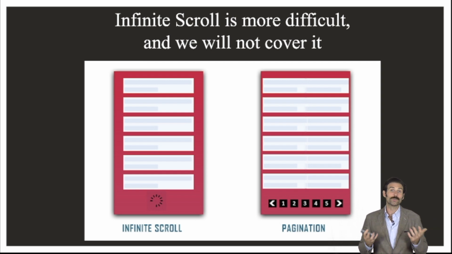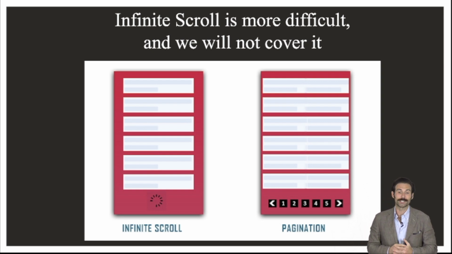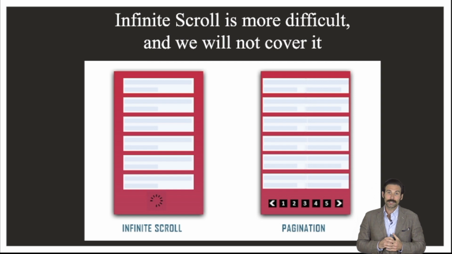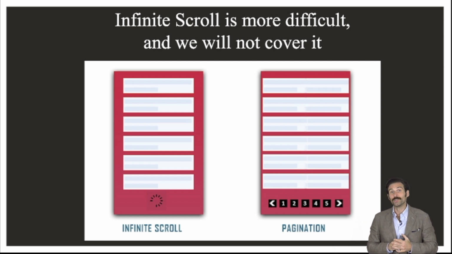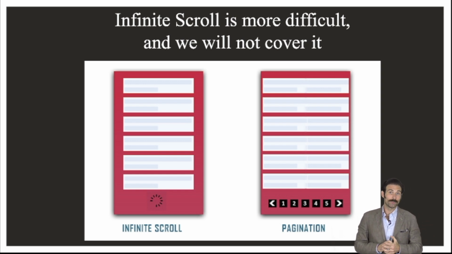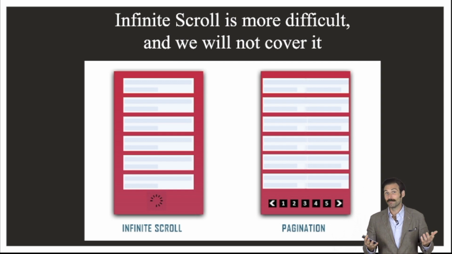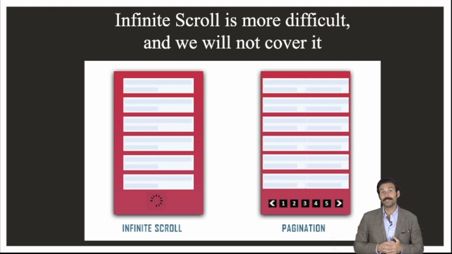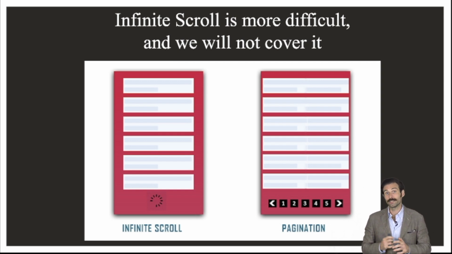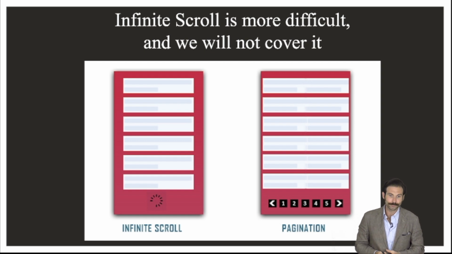Because the free tools that we have are not very good for scraping these websites, and it's going to cause a lot more frustration. Web scraping at a basic level is really built for simple websites with a repetitive structure that also offer pagination. And this is actually quite a large number of websites. So it's not that we can't scrape much, it's just that we are limited to these types of websites, static with pagination.